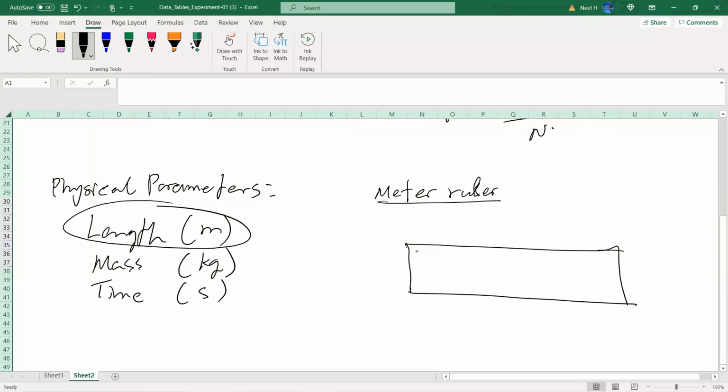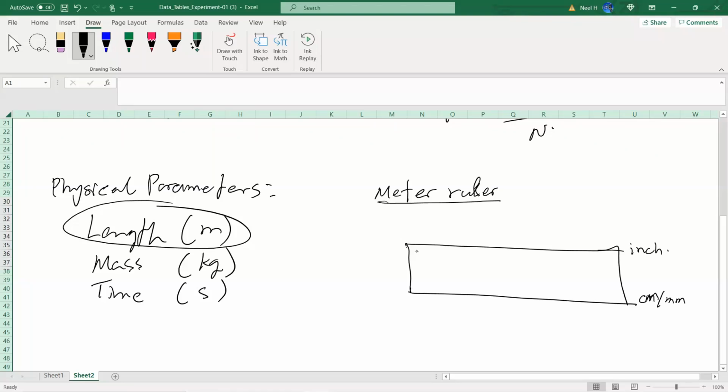So if you get a meter ruler, you observe what it has in terms of units, right? This meter ruler generally has centimeters? Good. Yeah, go ahead. Is it centimeters? Yeah, this has centimeter and millimeter on one side, right? Centimeter, millimeter scale, and one side it also shows you inches.